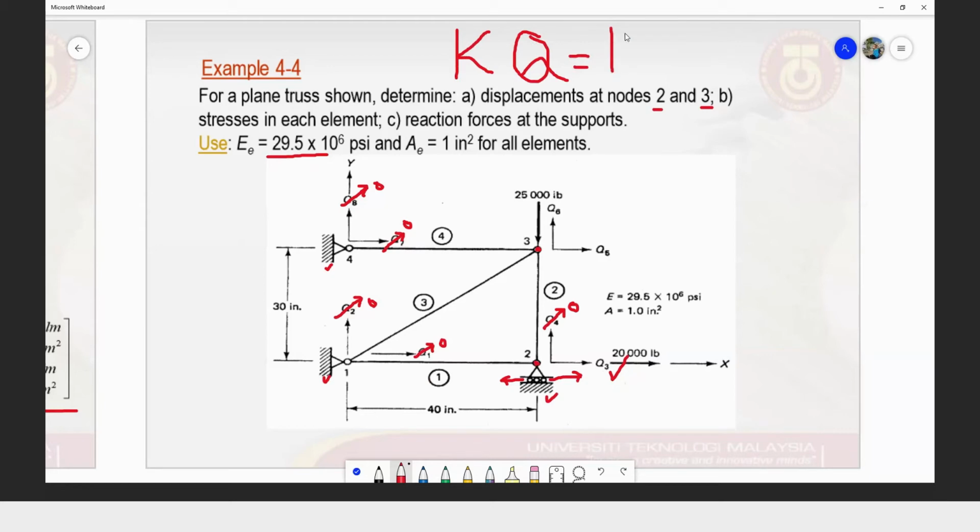KQ equals F. We understand that we have 4 elements. So this big K must come from the assembly of K1 plus K2 plus K3 and K4.